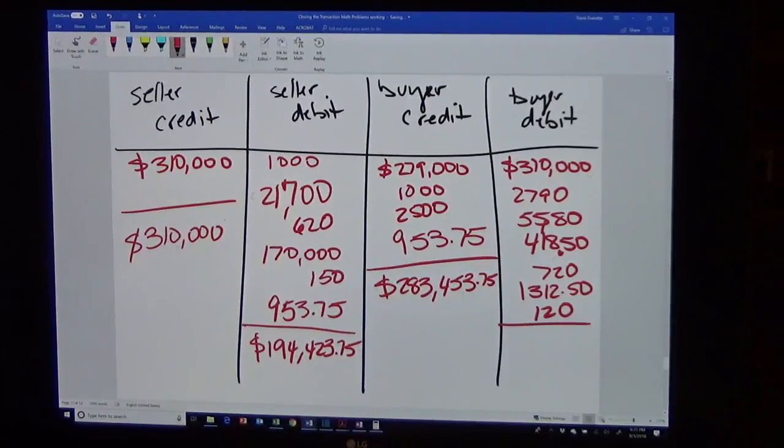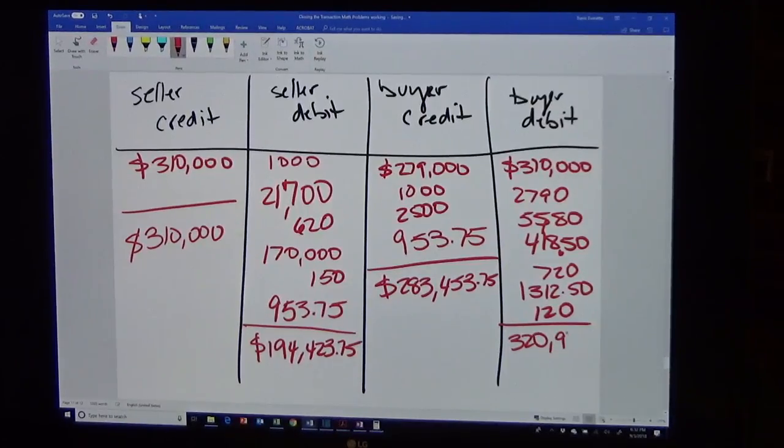And buyer debits, which I'm going to check a couple times just because there's so many numbers. $310,000 plus $27.90 plus $55.80 plus $418.50 plus $720 plus $13.12.50 plus 120 equals $320,941.